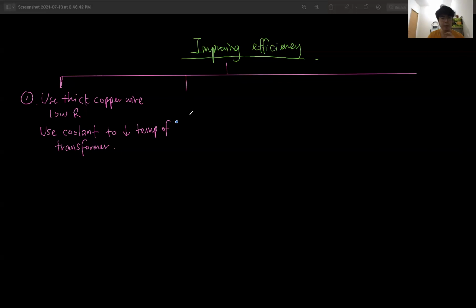Now second, we can use a laminated iron core. Laminated is like I put a coating around the core. What is the reason? We want to reduce eddy currents.